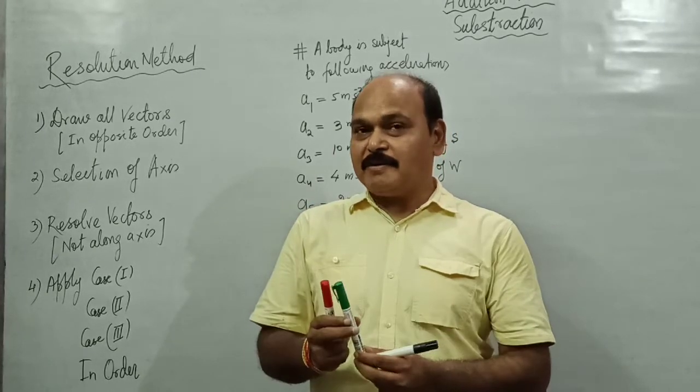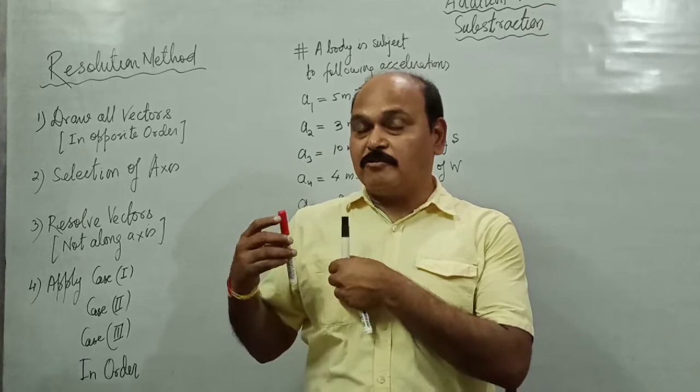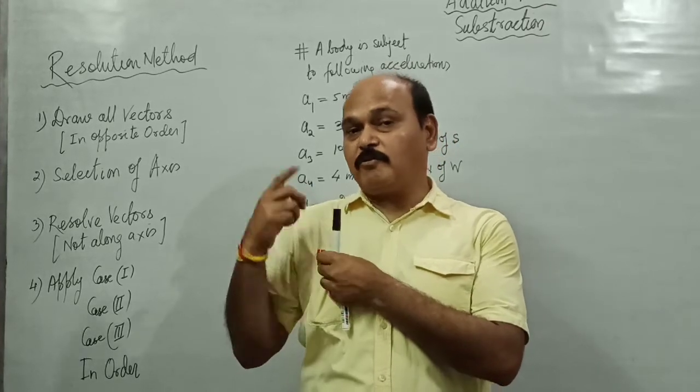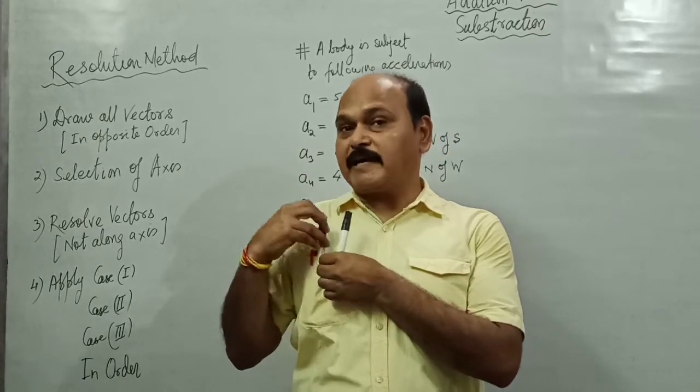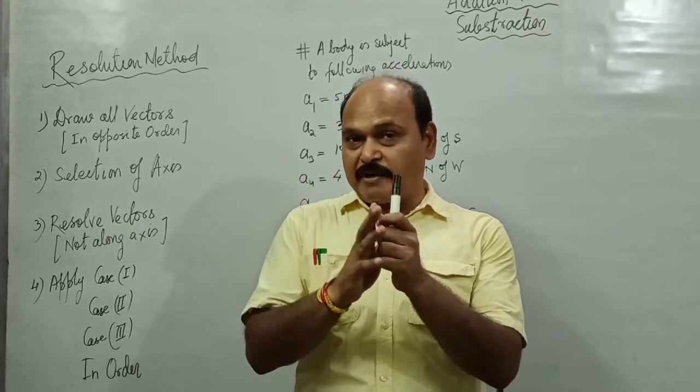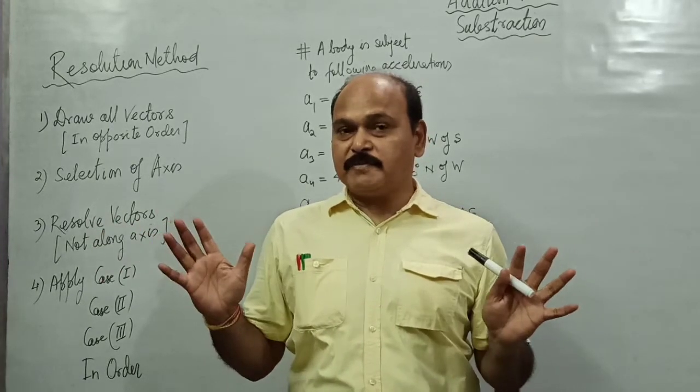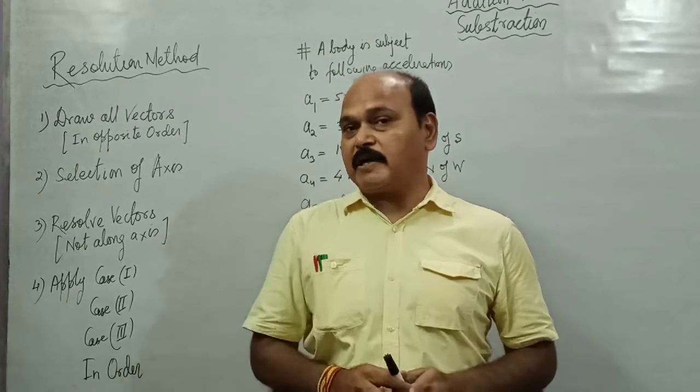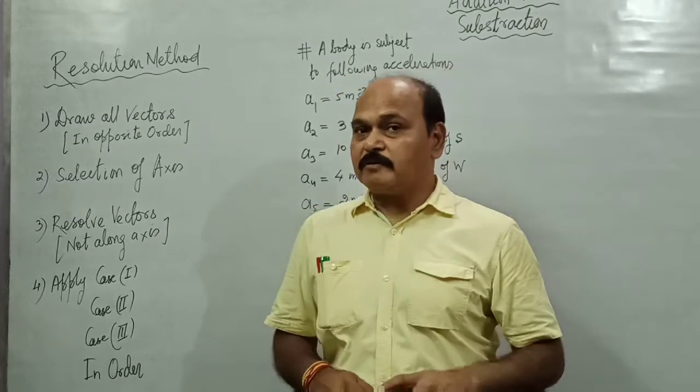So we must have command over vector resolution, and remember we can resolve only those vectors which are not along an axis. The component of a vector in the perpendicular direction is 0. So if the vectors are already along an axis, they cannot be resolved.